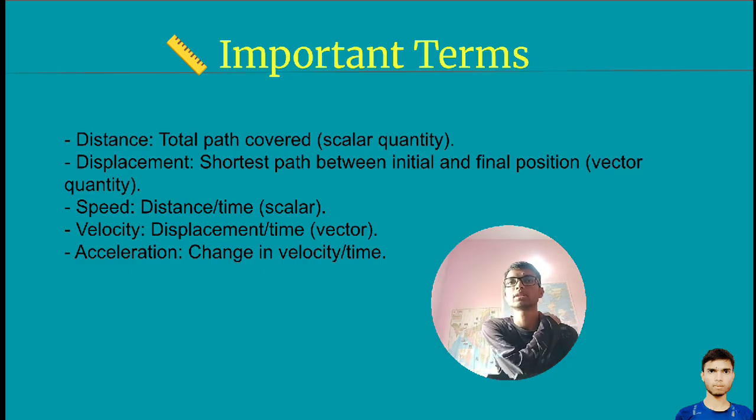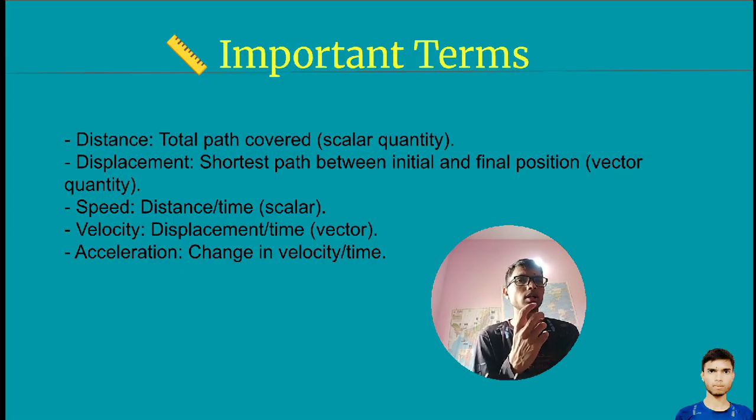Change in velocity: first we take the final velocity, then the initial velocity. Final minus initial upon time is the formula of acceleration. Clear? Someday we will explore all these formulas, speed, velocity, acceleration, in detail.